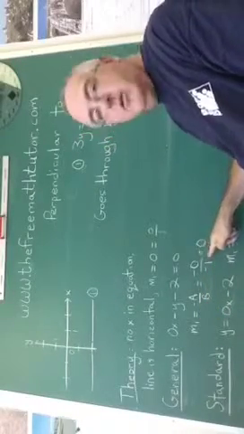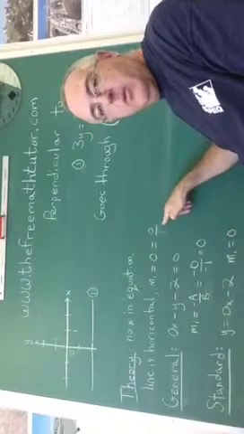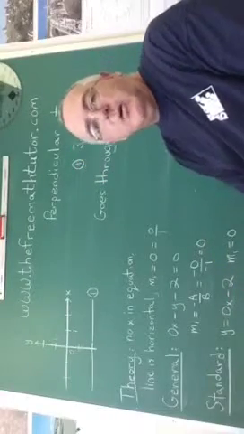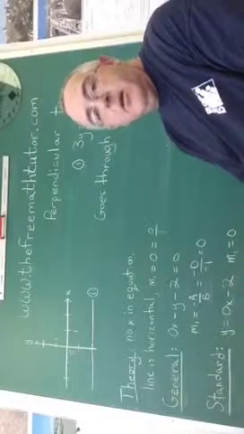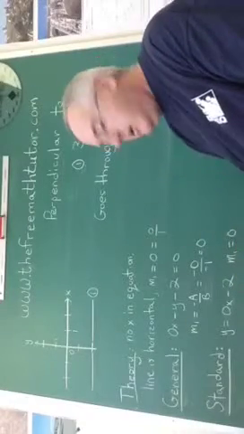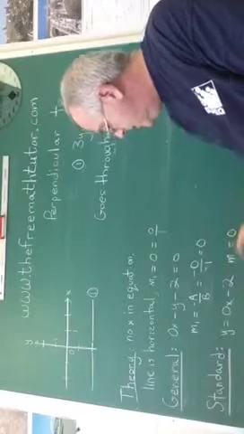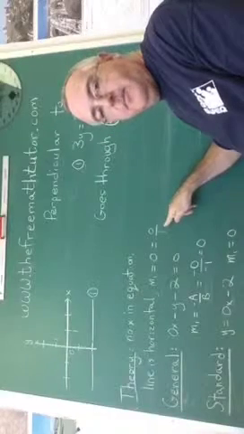I get negative 0/-1, which is still equal to 0, and therefore is still equal to 0/1. Using the standard form y equals mx plus b, or y equals ax plus b, I get y equals 0x minus 2 if I use the algebra to transform the equation. And therefore, my slope is the numerical coefficient of x. The slope is 0, which means it can also be expressed as 0/1.